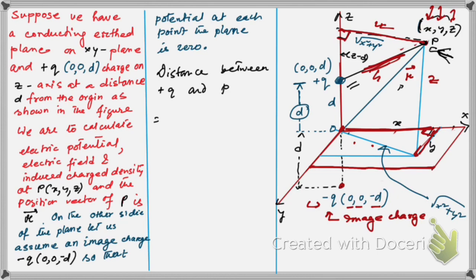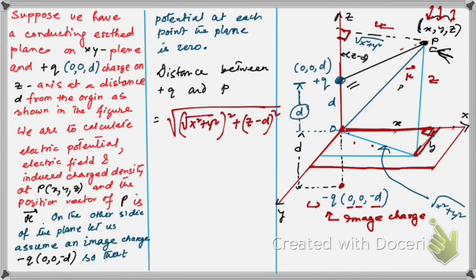Now using the Pythagoras theorem, you get root over (root over x square plus y square) whole square plus (z minus d) whole square, which will be equal to root over x square plus y square plus (z minus d) whole square.